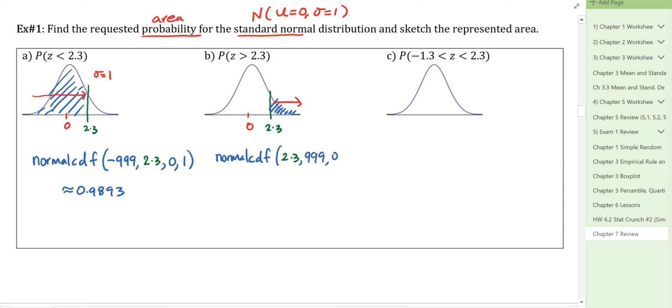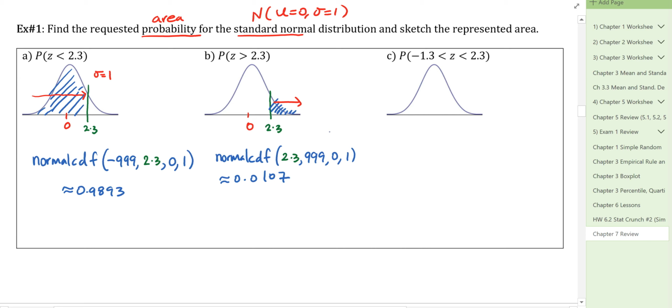Then mean 0, standard deviation 1. Enter that in your calculator, and I'll get approximately 0.0107. Notice that if I add A and B together, I'll get the total probability of 1, because A is left of 2.3 and B is right of 2.3, so together I should get 1.